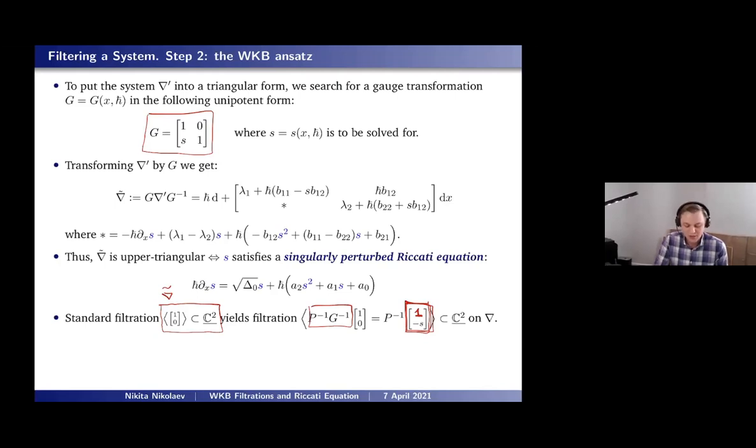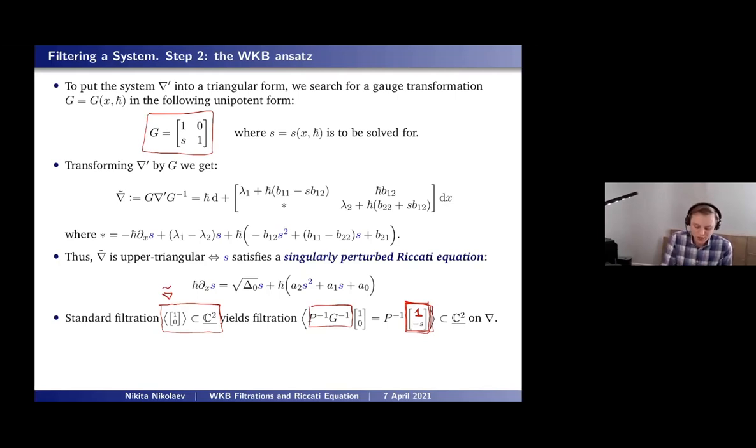The short thing to say is that the canonicity of this filtration basically boils down to being able to canonically pin down this gauge transformation G, because if I solve my singularly perturbed Riccati equation, I get 2 distinct solutions which equally well satisfy the Riccati equation and therefore equally well give me a filtration.